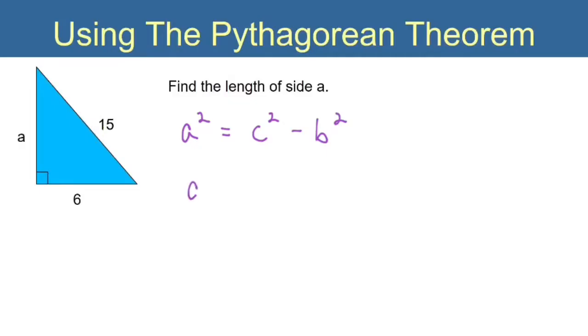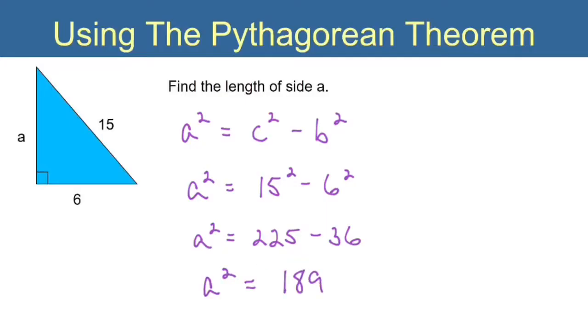So A squared equals 15 squared minus 6 squared. 15 squared is 225 and 6 squared is 36. Then 225 minus 36 is 189. So now I have A squared equals 189. So when I do the square root of both sides, A equals the square root of 189.